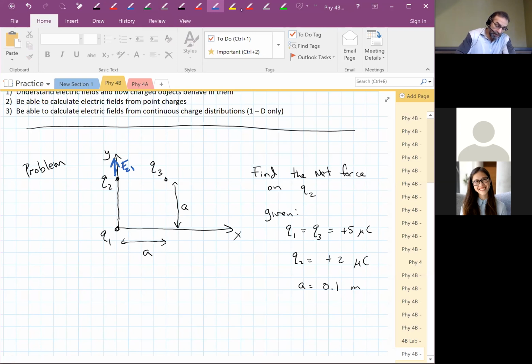And then there's going to be a force between 2 and 3. They're going to repel each other in this direction, right? So you need to find the magnitudes of those forces first, and then do some vector addition and figure out the net force on Q2.